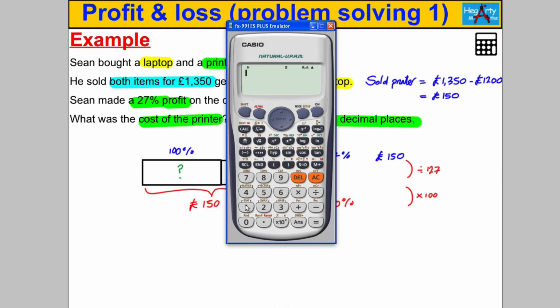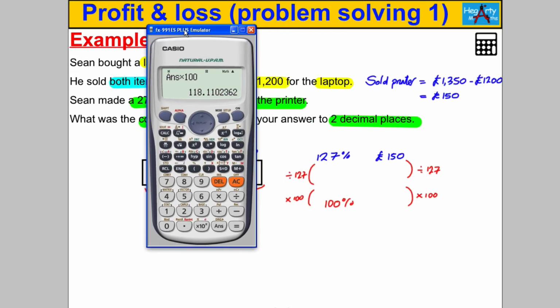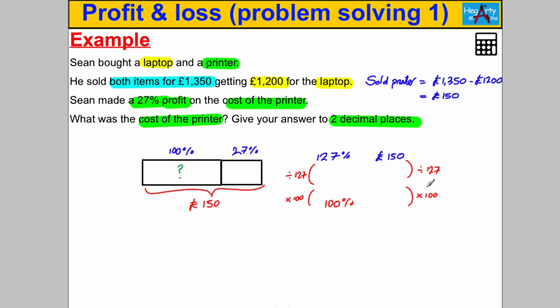So what we're going to do is 150 divided by 127 multiplied by 100, and we get £118 and 11 pence when it's rounded to 2 decimal places. So it asked us the cost. The cost was therefore this, the 100%, which, as we've already said, is £118 and 11 pence, and we're done.